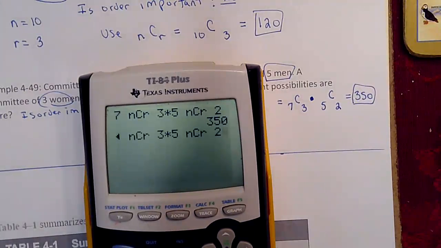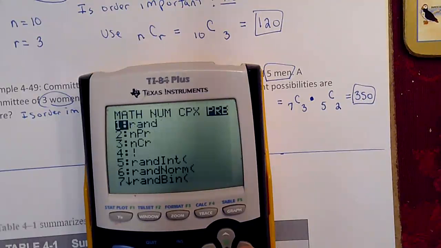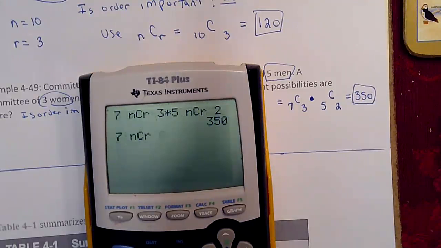Let me just delete that. Let me try it without the times. I think you do need the times, but let me just try without it. 7, math, probability, number 3, and then 3, and let's say I don't put the times. Then I do 5.